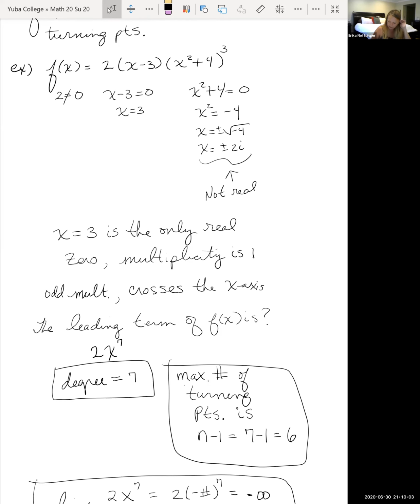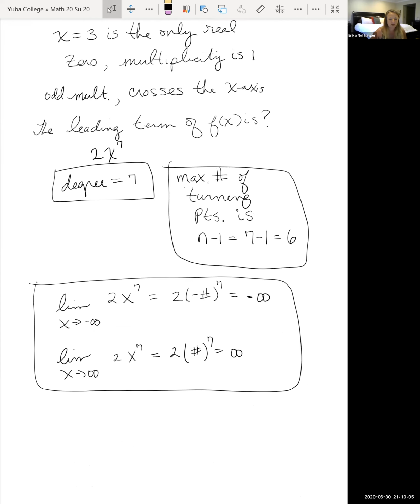Unfortunately, we are not using graphing calculators, but I want to show you what that looks like. Actually, let's graph it a little bit, and you guys can use Desmos.com.